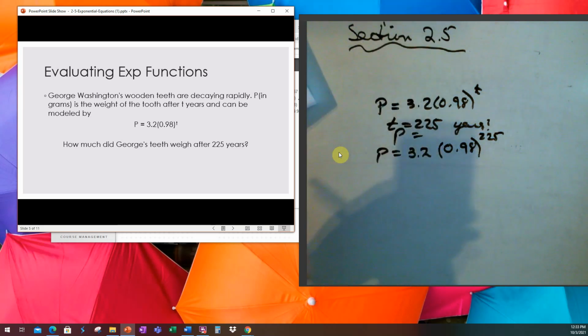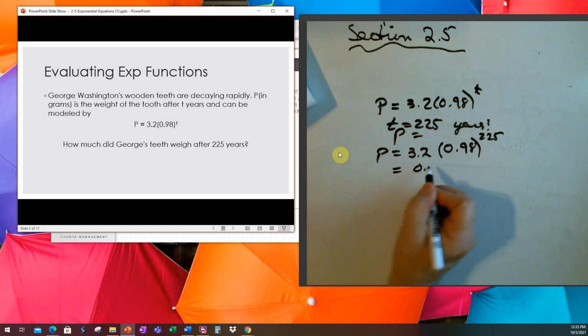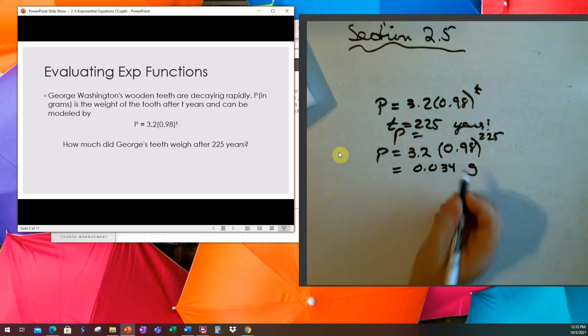That gives me that there's only going to be, if it's decaying at that rate, 0.034 grams. I'm going to round to the milligrams.